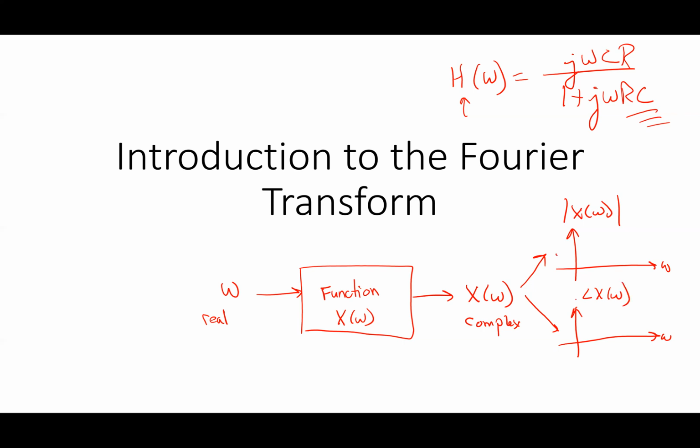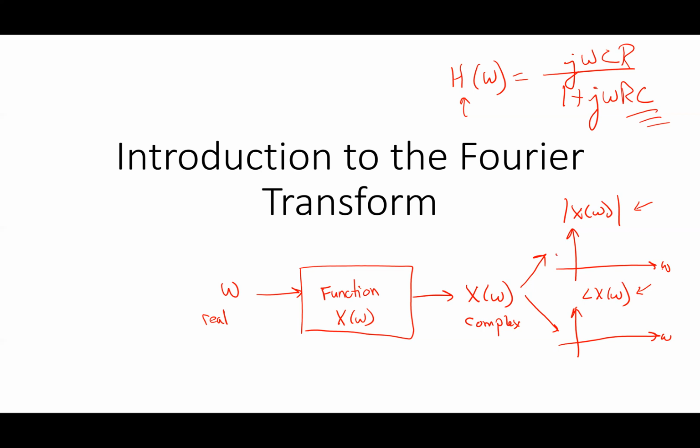You could do the real and imaginary part, but often we use the magnitude and the angle. Because if you think about a circuit, the magnitude and the angle relate to the phase shift and the scaling that the circuit is going to apply. The real part and the imaginary part don't usually mean a whole lot to me.